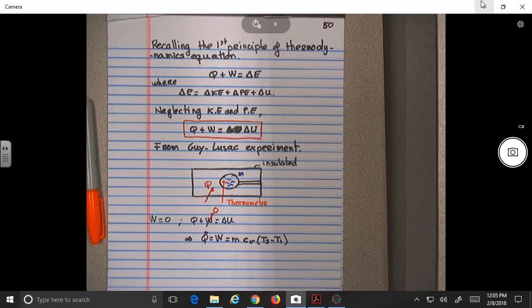Let me rewrite this, without the little mistake.